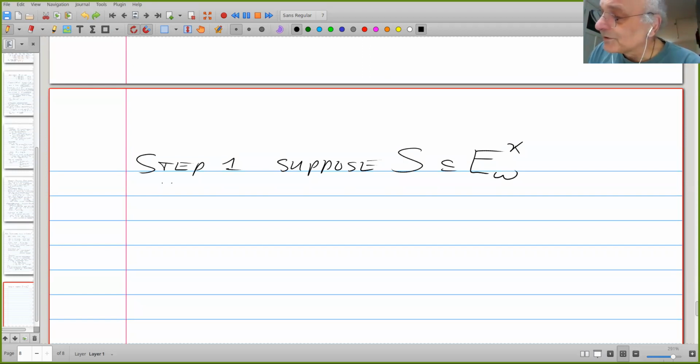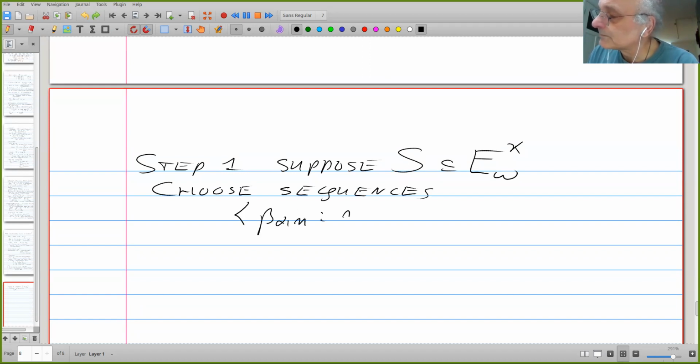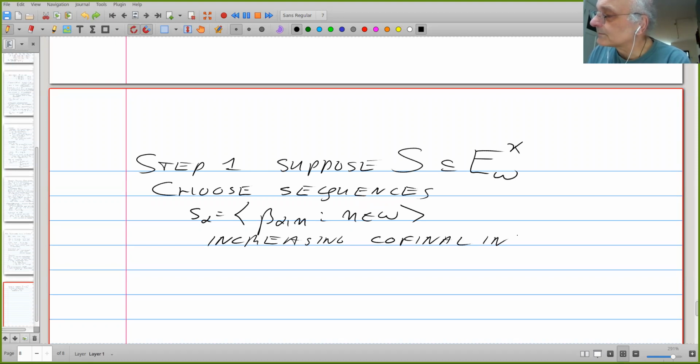Here we go, we choose sequences. Let's call the sequence beta alpha n, increasing and cofinal for every alpha in our stationary set.